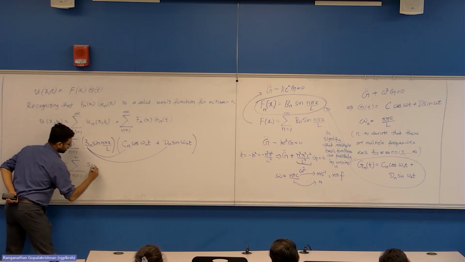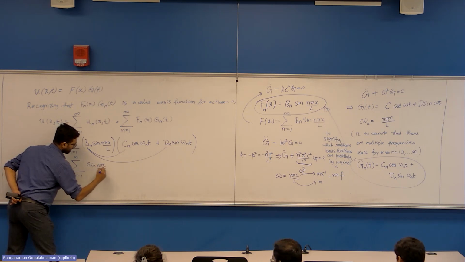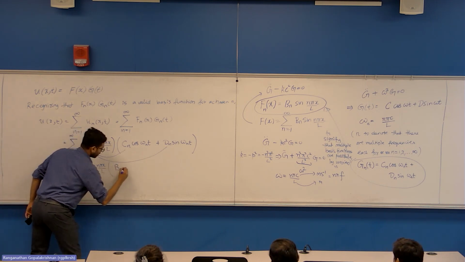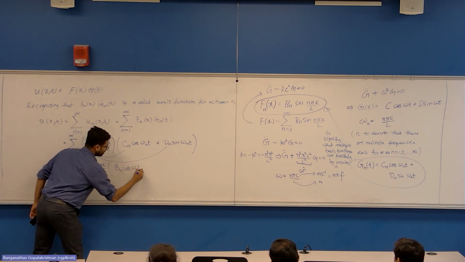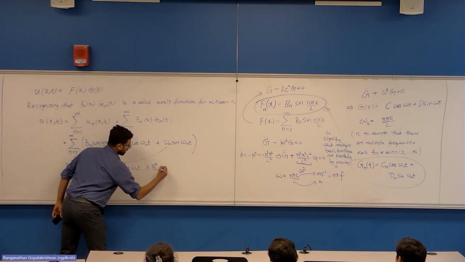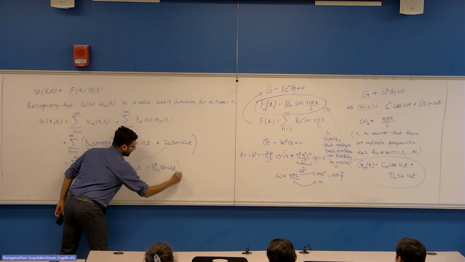We'll write sine n pi x over L times, now I'll converge with the book and write, Bn cos omega n times t plus Bn star sine omega n times t.